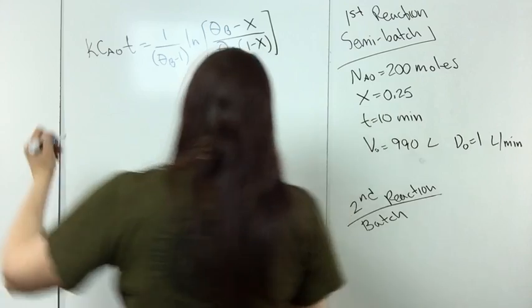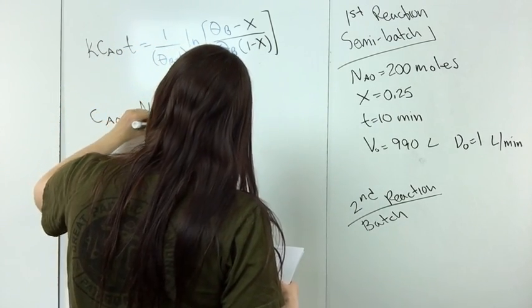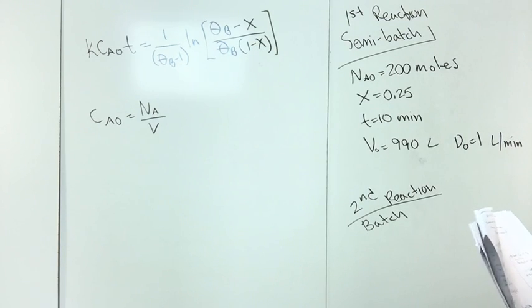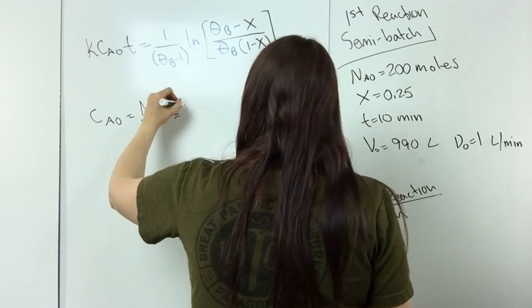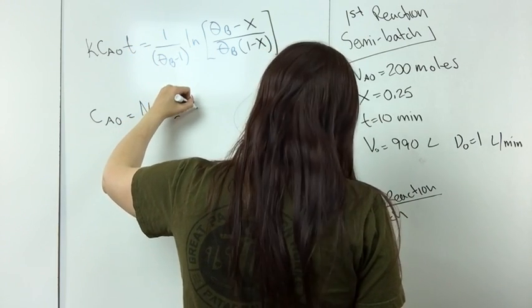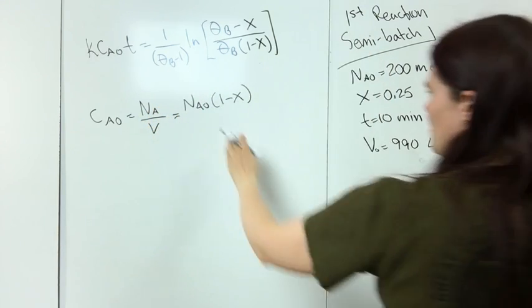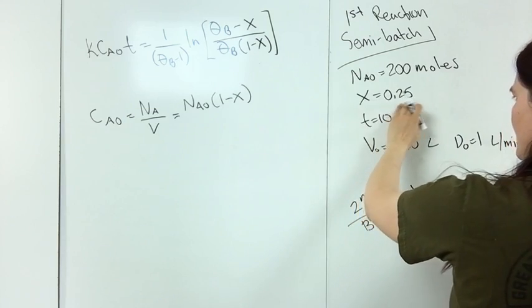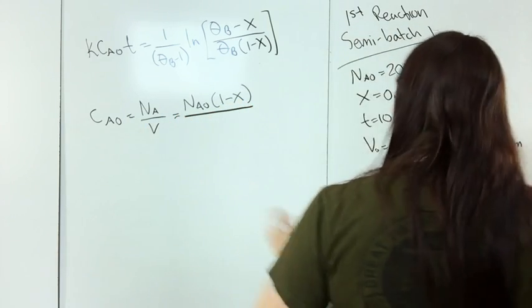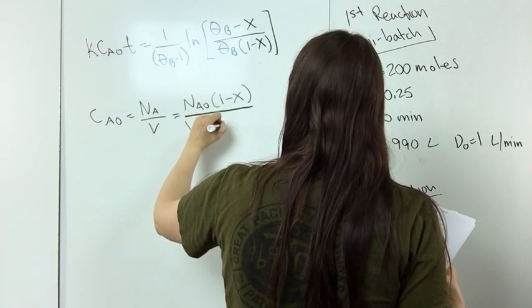So we know that Ca naught is equal to Na over V, and Na is equal to Na naught (1 minus X). This is what you have after this conversion. And then V is the initial volume, V naught, plus V naught T.